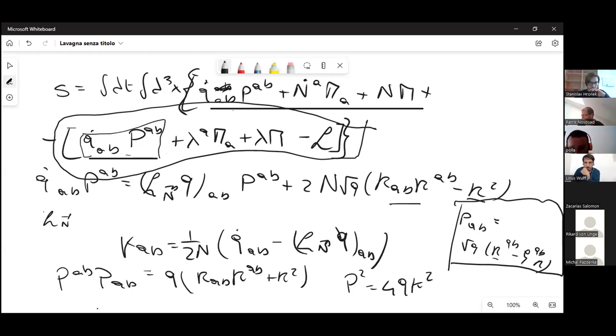And again, P squared is given just by P AB Q AB, the contraction between P and Q. So in terms of this, we can rearrange all of this term here and write it just in terms of P AB and P squared. Okay.